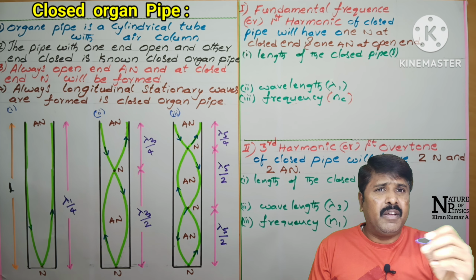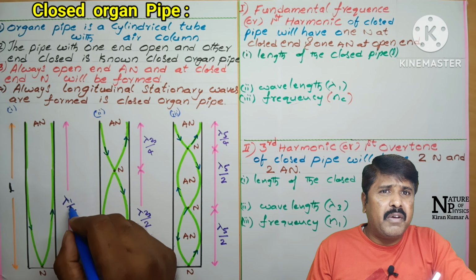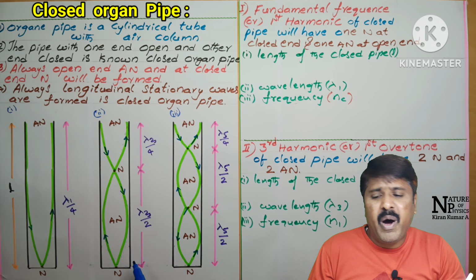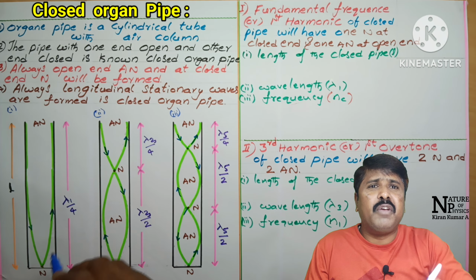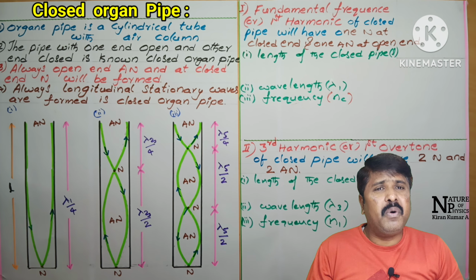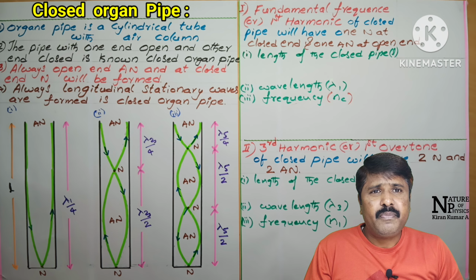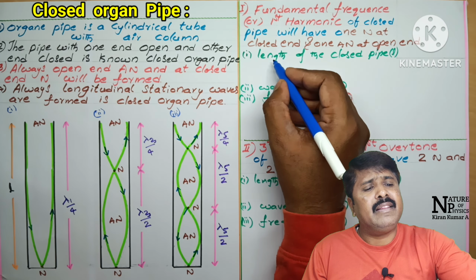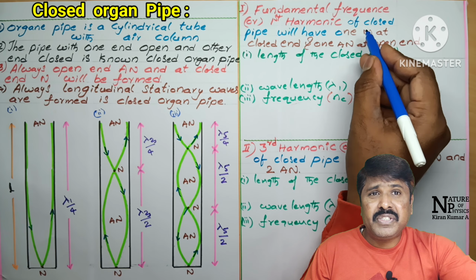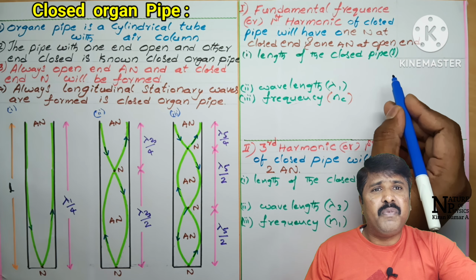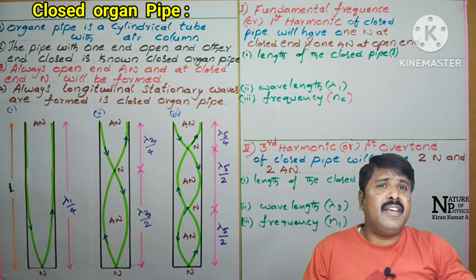In the first one, in the closed organ pipe, the length corresponds to only half of the loop form. The distance between the antinode and node gives lambda 1 divided by 4. The fundamental frequency or first harmonic of a closed pipe will have a node at the closed end and an antinode at the open end.